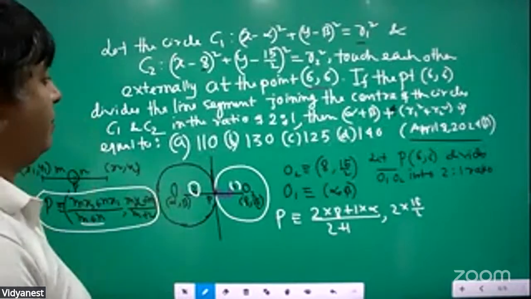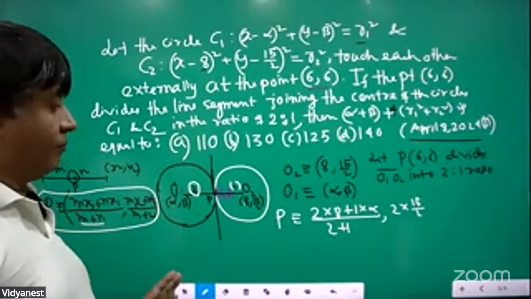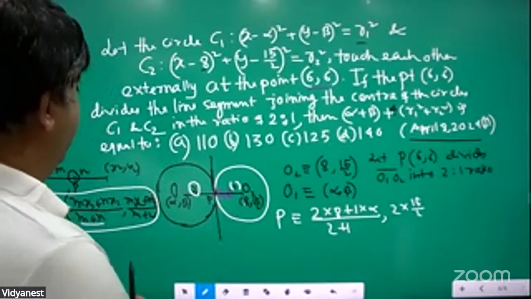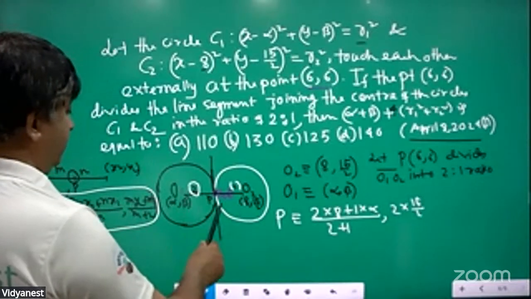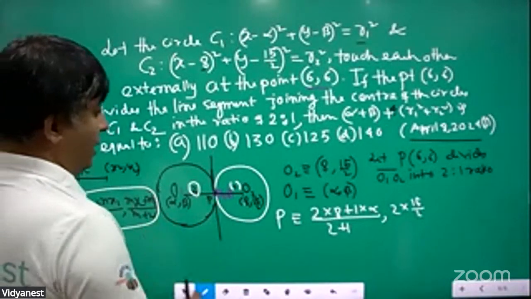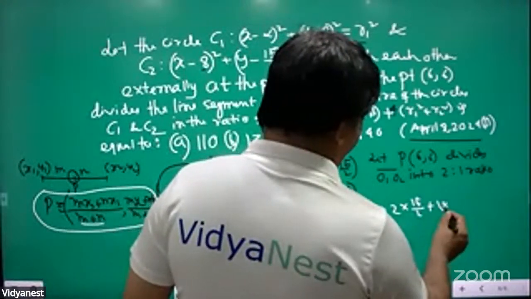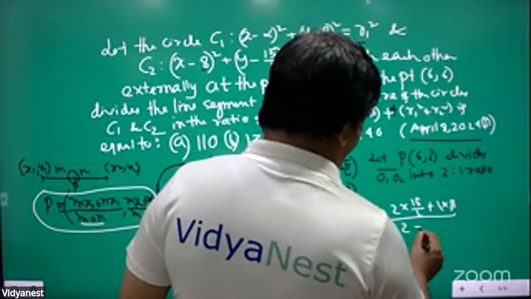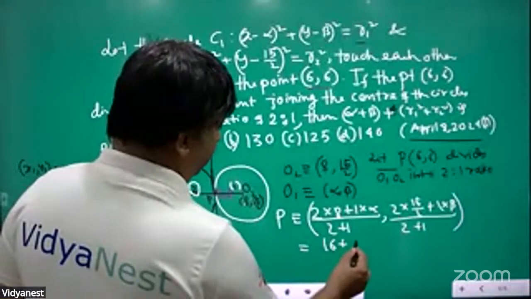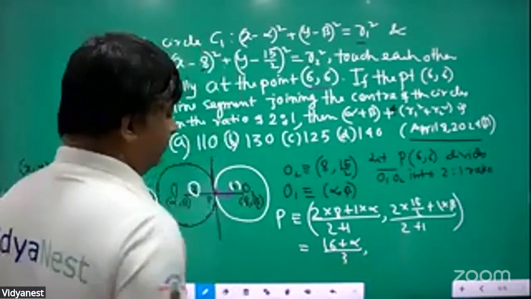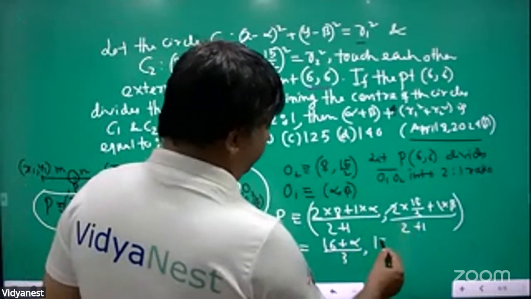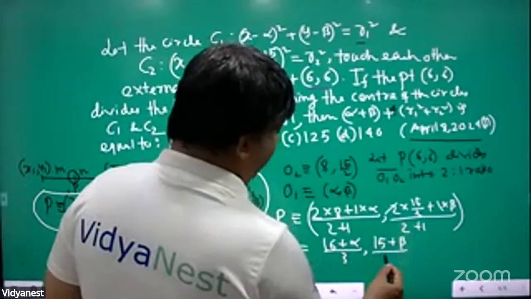That much knowledge is not required; what is required is the basic grip on theory. So (16 + alpha)/3, here the 2 cancels, and (15 + beta)/3.